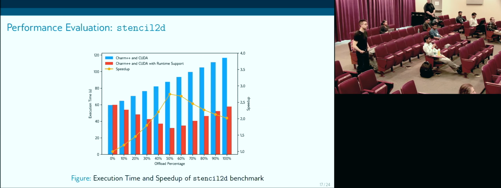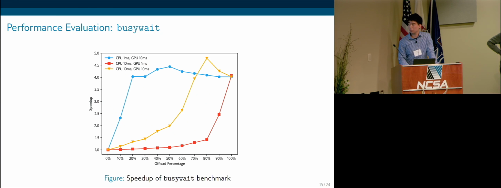If we go back to the results, in this Busyweight benchmark, you can see that in these parts, when the same task runs much slower on the CPU than the GPU, and also when a relatively small number of chares are offloaded to the GPU, we have very little speedup. So in cases such as these, you wouldn't see much speedup. Okay, thank you.